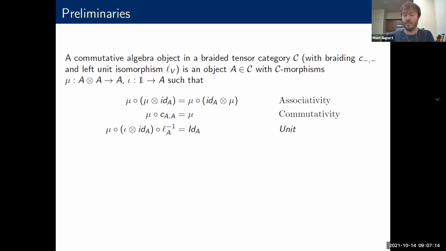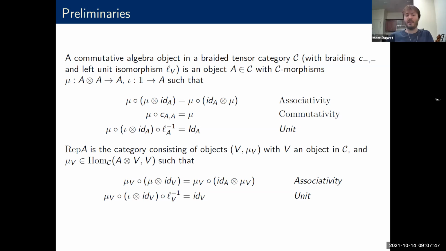I mentioned at the beginning, we'll be looking at categories of local modules for commutative algebra objects in this category. So I'll briefly explain what I mean by that. A commutative algebra object in a braided tensor category is just an object in the category together with a product and a unit morphism. These have to be morphisms in the category, satisfying the associativity, commutativity, and unit axioms.